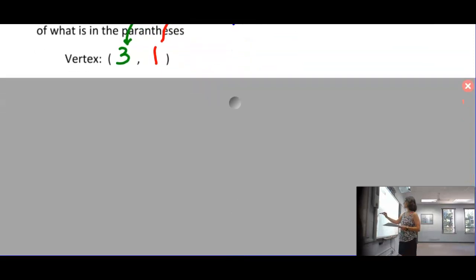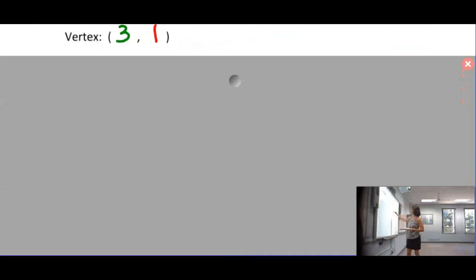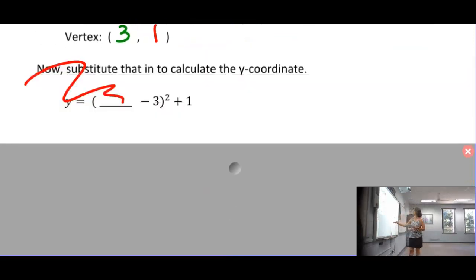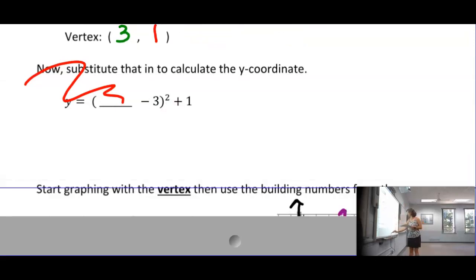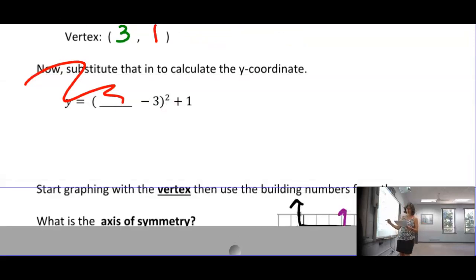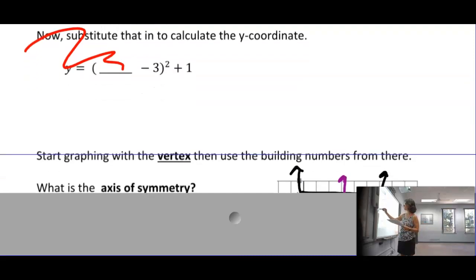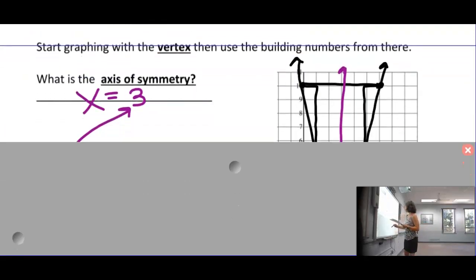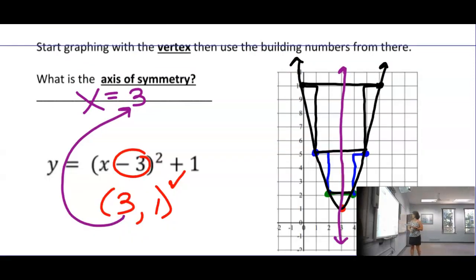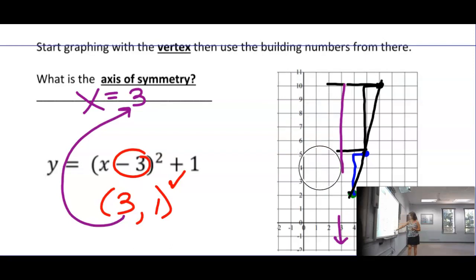Moving down just a little bit. So if I look at what my graph looks like, I would graph my vertex. I think I'm going to show you how to do this instead of have it done.